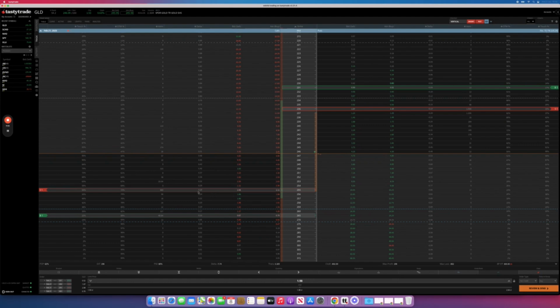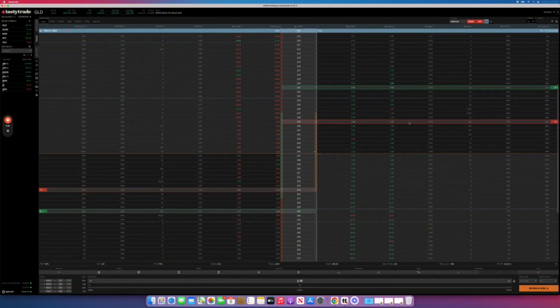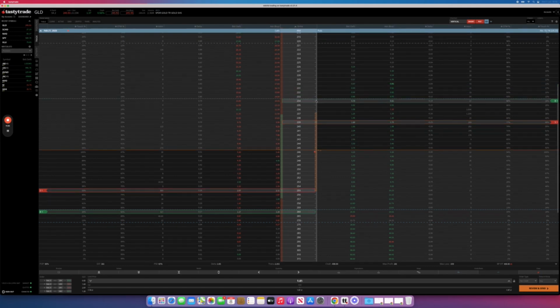So we're at a 27 delta at the 255 strike. Remember, we still want to be only $5 wide, so we're going to move our long contract to 260. So we're still $5 wide on the call side. And we're going to do the same thing on the put side. So we're going to move our put contract to the 25 delta, and we're going to adjust our long contract, still keeping $5 wide. 1, 2, 3, 4, 5.